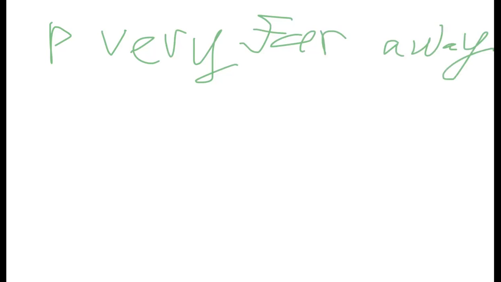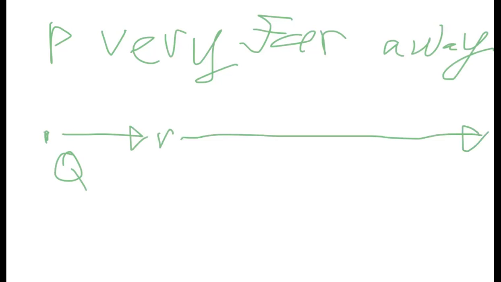Highly technical terminology, as you can see here. So we have our point Q, and we have R. And then what if we just went really far away, further than however far you're thinking, and then we chose P. In other words, P is actually infinity. We're actually going to go infinitely far away.